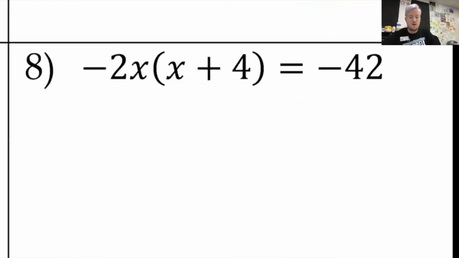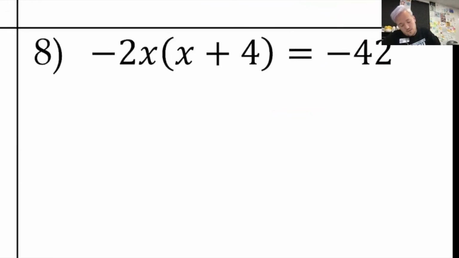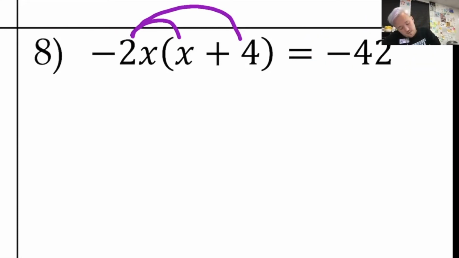All right, so I need to convert this to standard form so I can start actually factoring it. What I'm going to do to start off is distribute this negative 2x. Even though we have the components already separated, we really want to get it in its simplest factors form. So this value is going to be equal to 0. All right, so I'm going to have negative 2x squared minus 8x.